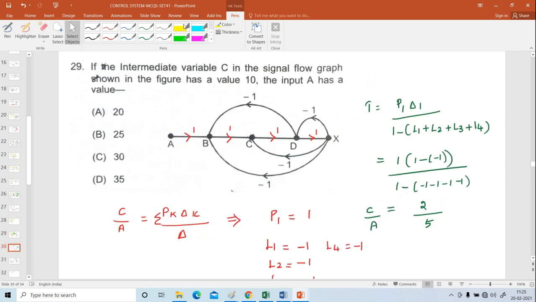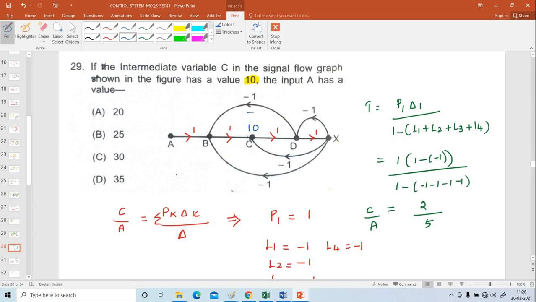Next, problem number 29. If the intermediate variable C in the signal flow graph shown in the figure has the value 10, the input A has a value. So the C value is given here. Have to mark the C value here. So up to C only I am going to find out the output.